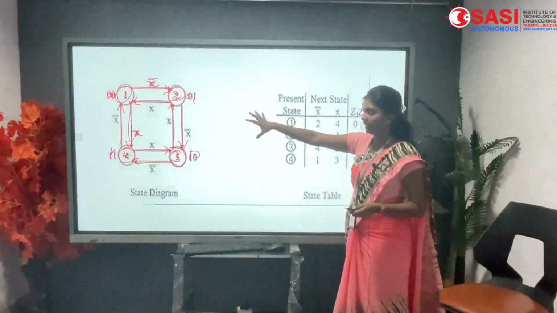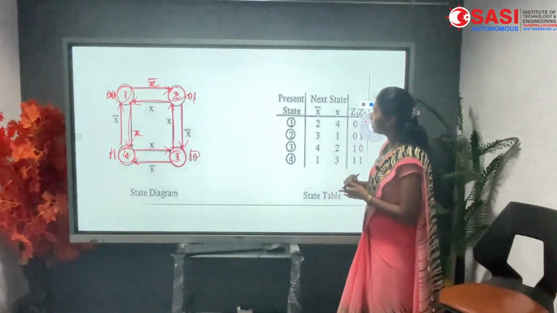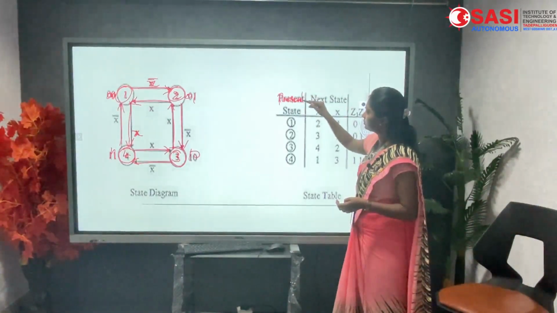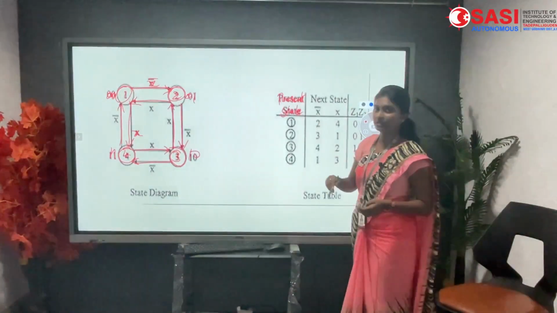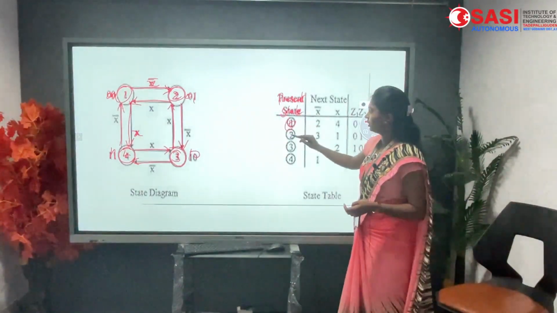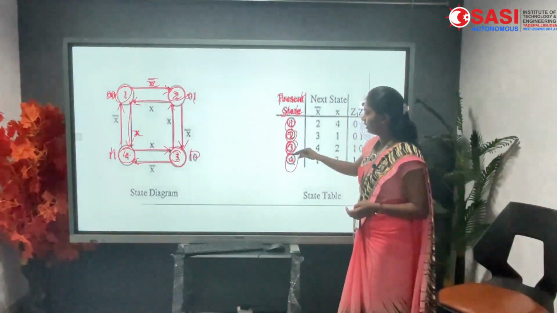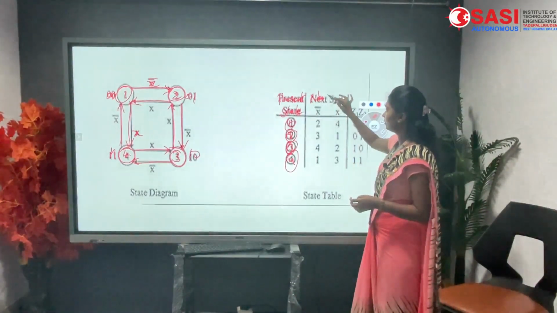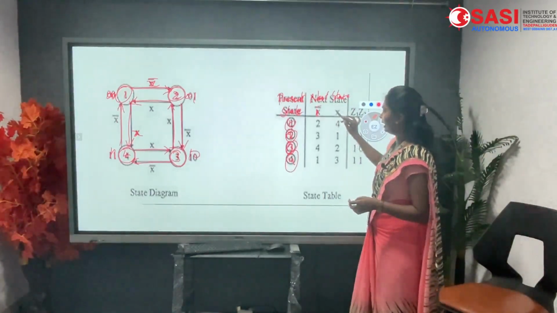When we see this diagram we have to write the table. What are the present states? There are 1, 2, 3, 4, so 4 states. Coming to the next state, x bar and x.